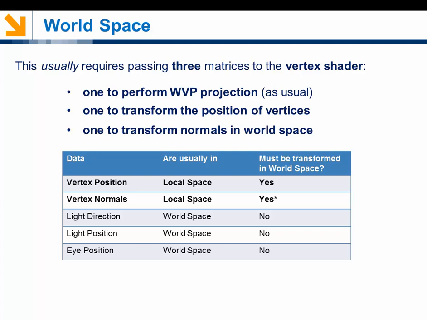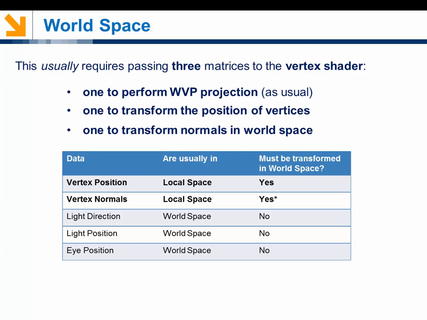In the vertex shader, of course, vertex position is used to draw the surface. But then we need that information not in the world view projection coordinate system, but for computing light bounces in the world space, the coordinate space that we have decided to use for our whole pipeline.